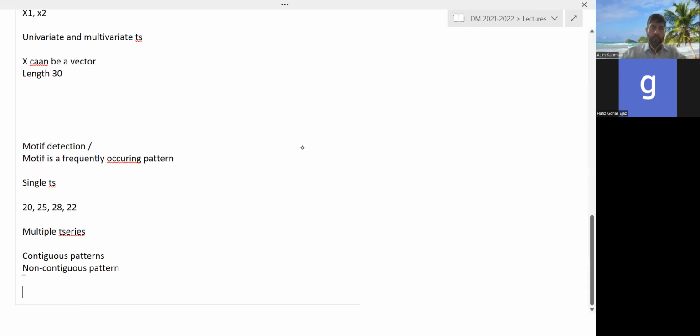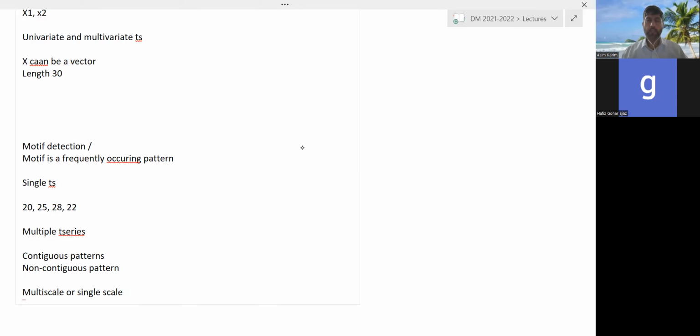And then you can have another dimension of variation in analysis, which we call multiscale.